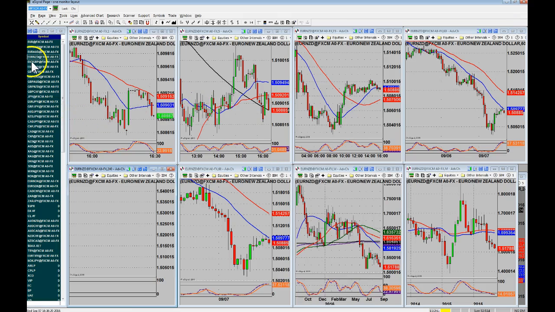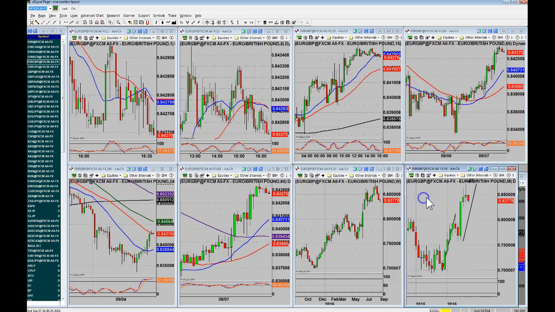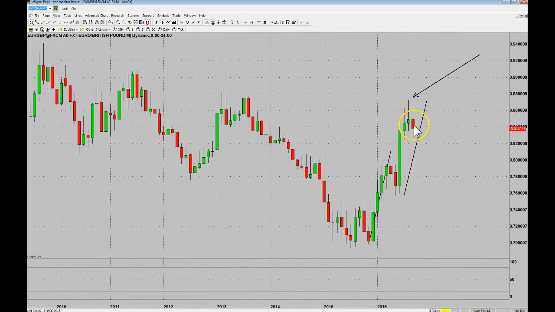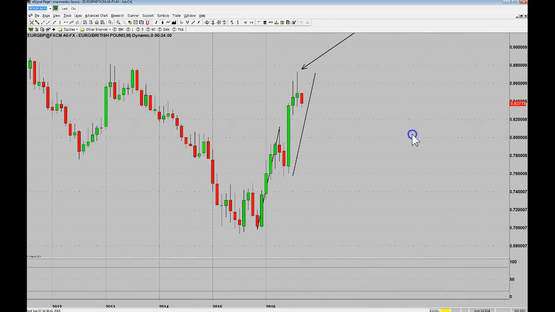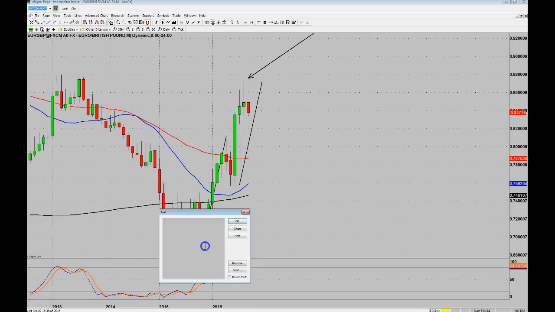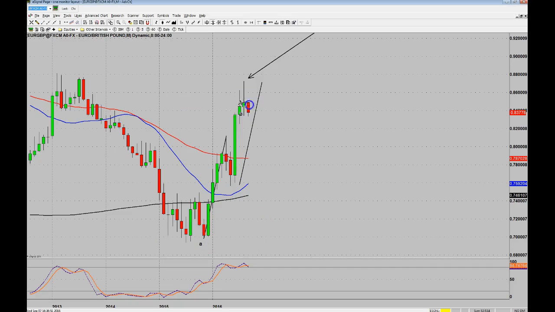Let me drop into some lower time frames if you don't mind. Let's see here. We'll put some other time frames on. Here we're going to look at the euro pound. You see this A, B, C, D thing that I talked about. That being A and this being B. Okay?